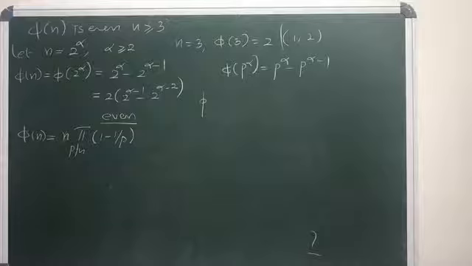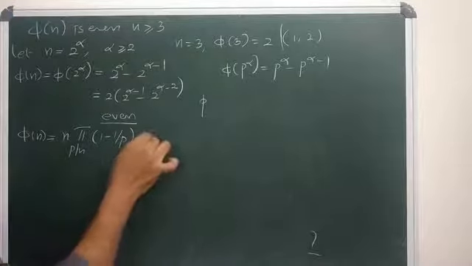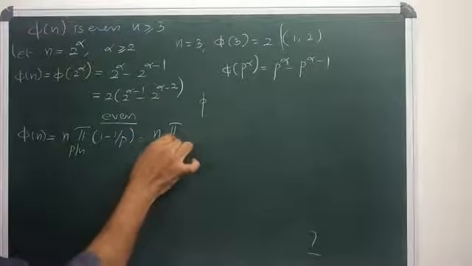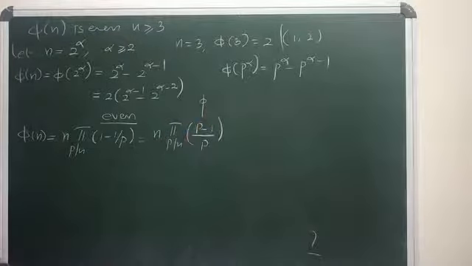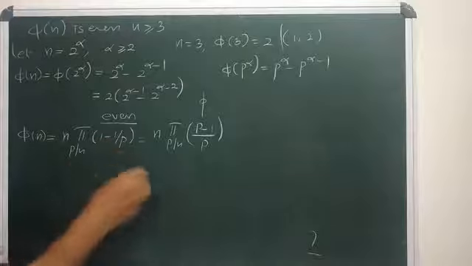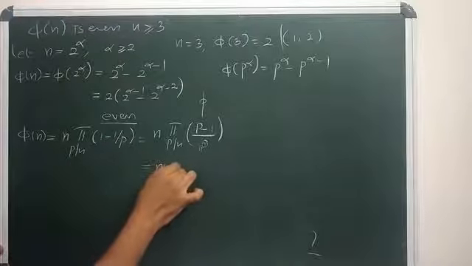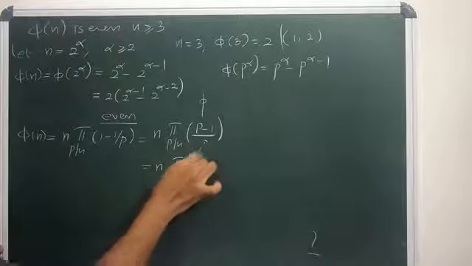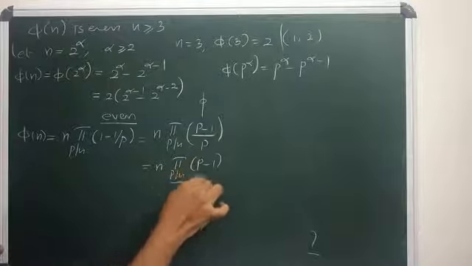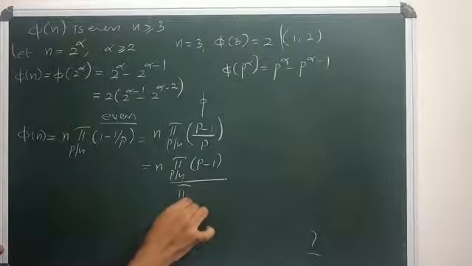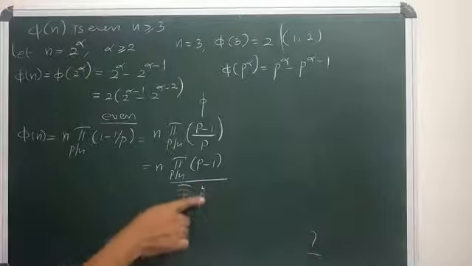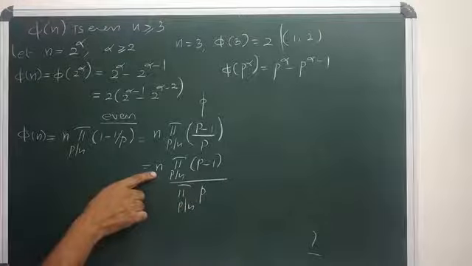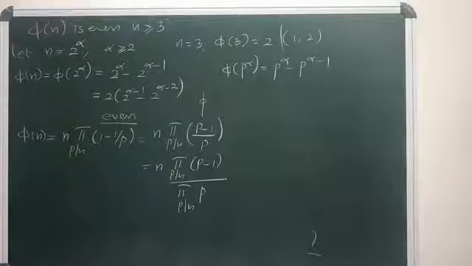So that equals n into the product over p dividing n of p minus 1 by p, by taking LCM. Agreed. That equals n into the product over p dividing n of p minus 1, divided by the product over p dividing n of p.